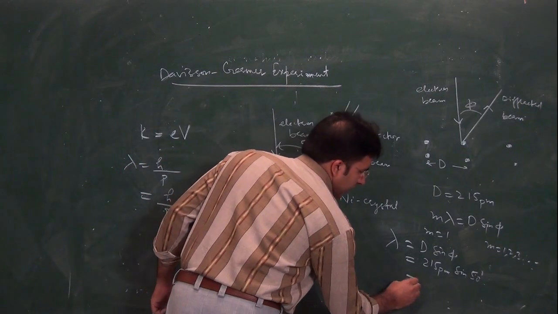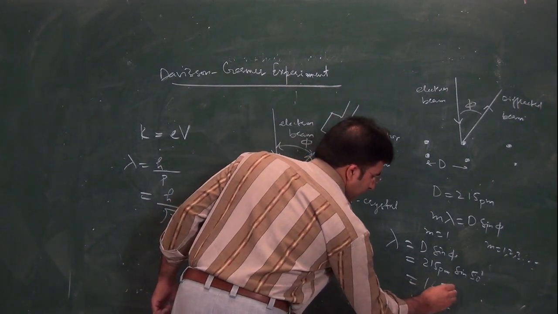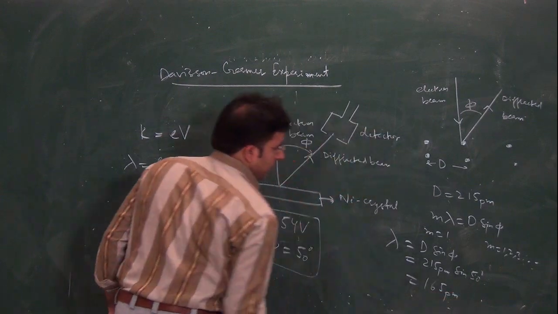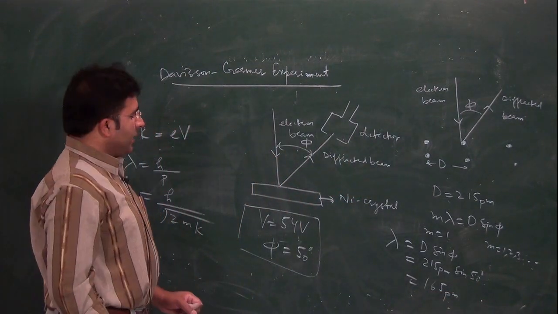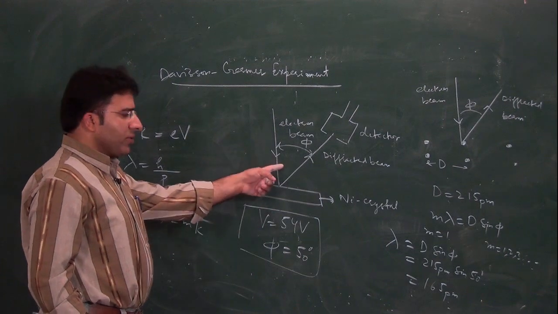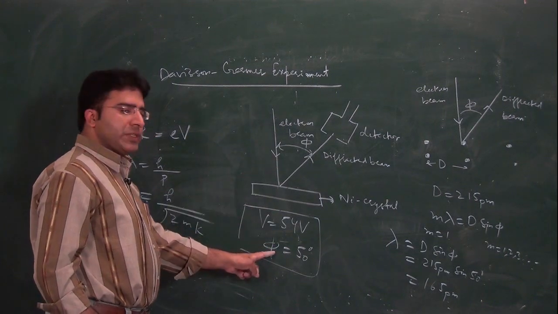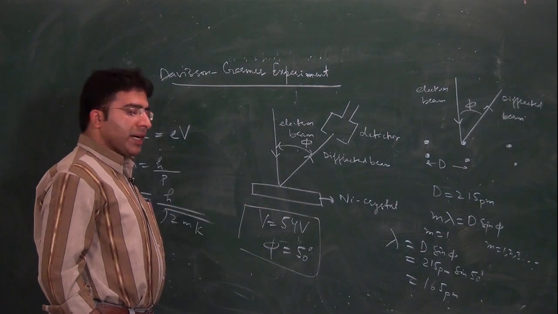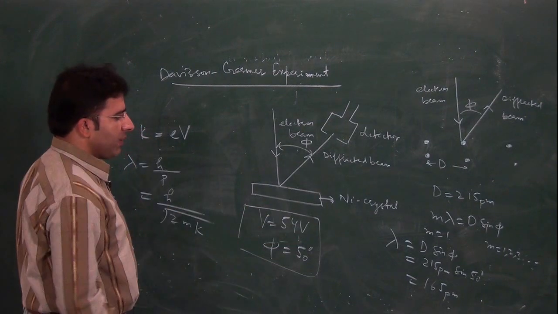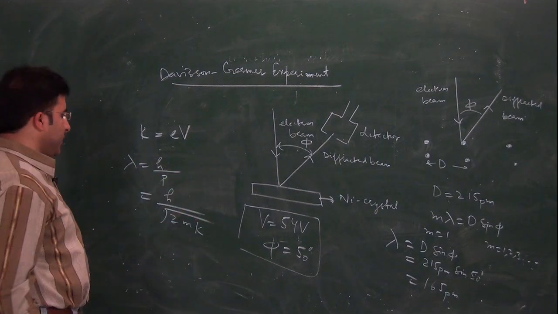When calculated, it turns out to be 165 picometer. So they said experimentally the wavelength of the electron beam is 165 picometer. It was an experimental value using the idea of diffraction.